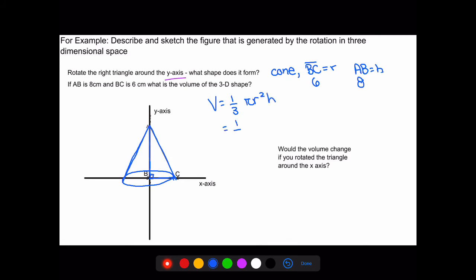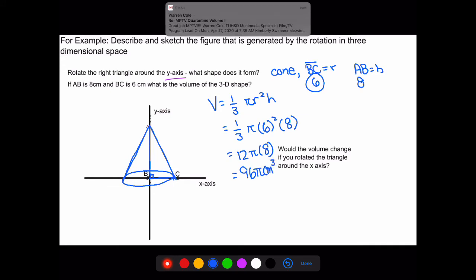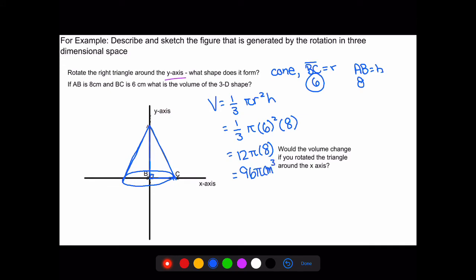And that'll give us 1/3 pi times our radius, which is 6, squared, times 8. This will give us 36 divided by 3, that's 12, pi times 8, which will give us 96 pi centimeters cubed. So that is the volume of this 3D shape.